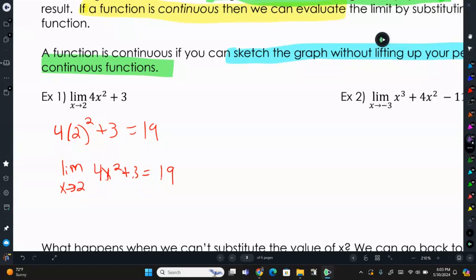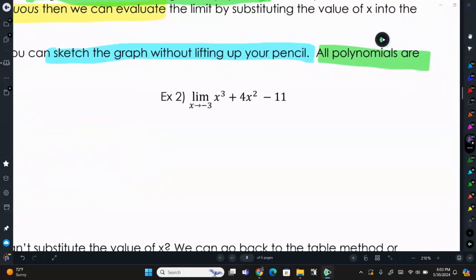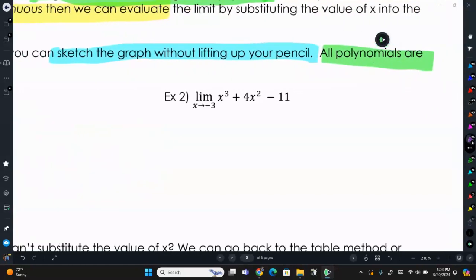Then we have example 2 here. This is a cubic function, another type of polynomial that we know is continuous. So substituting in -3. -3 to the third is -27, plus -3 squared is +9 times 4 is 36, then minus 11.